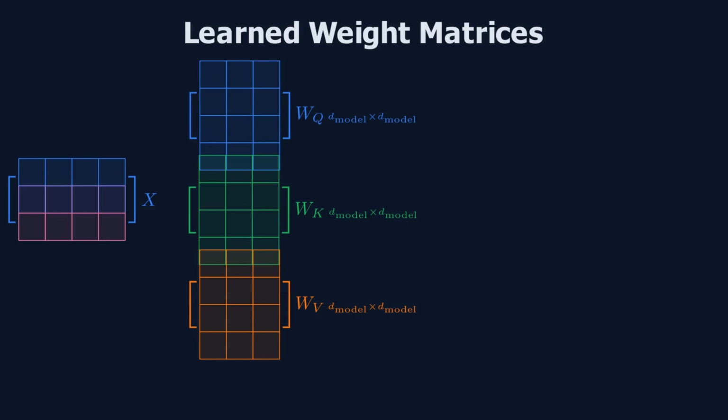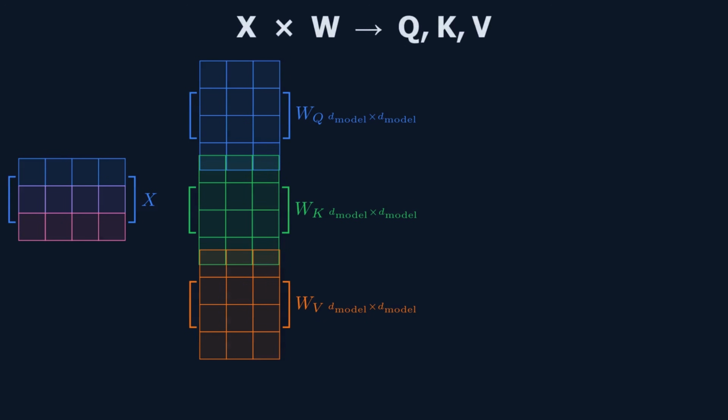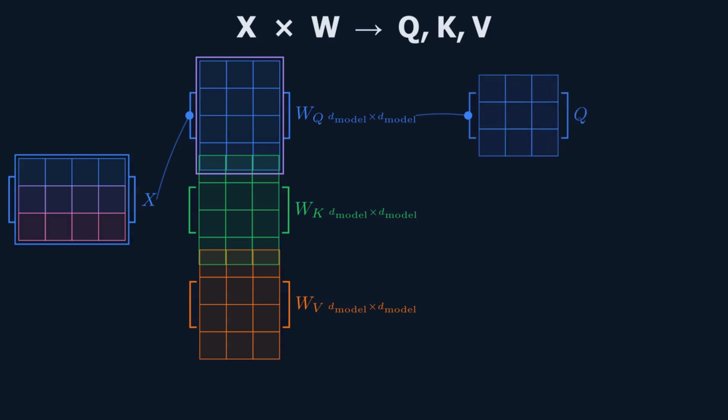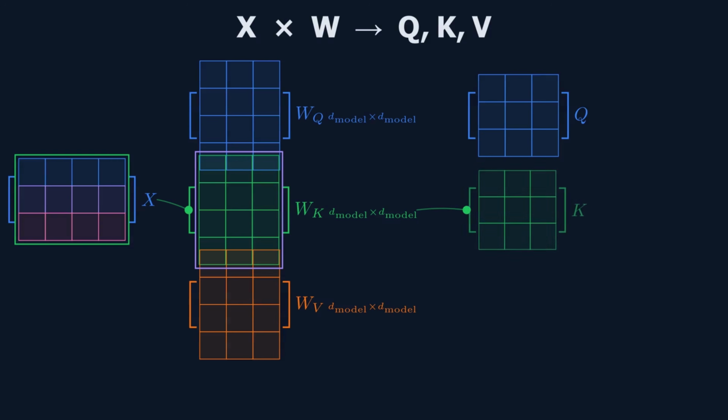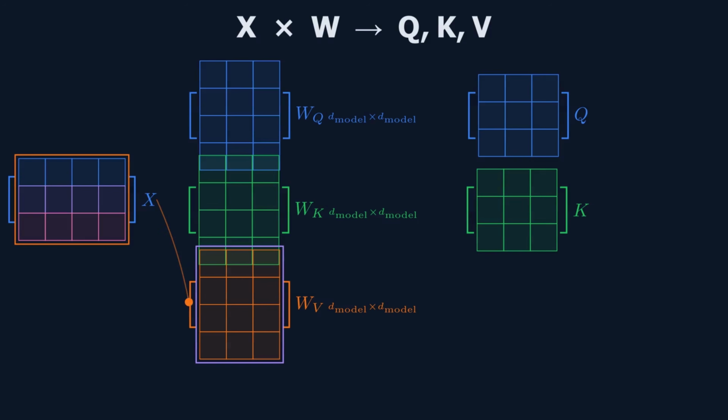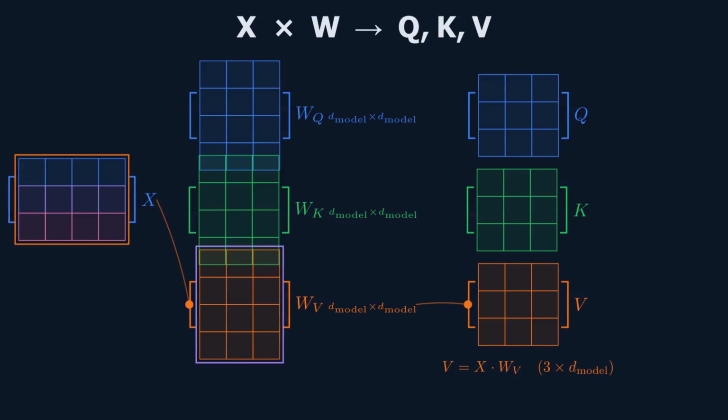Here I have taken the size of each matrix as D model times D model, but you can take other sizes as well. Now we are going to perform matrix multiplication of embedding matrix X with weight matrix WQ to get a new matrix Q of size 3 times D model. Similarly, we multiply X with the other weight matrices WK and WV to obtain the K and V matrices.